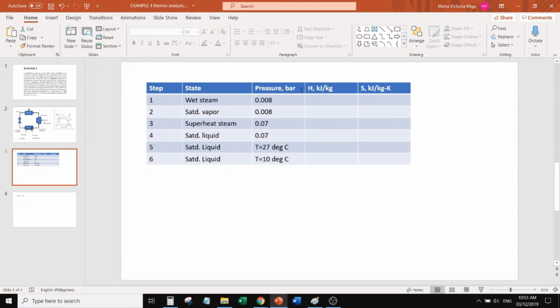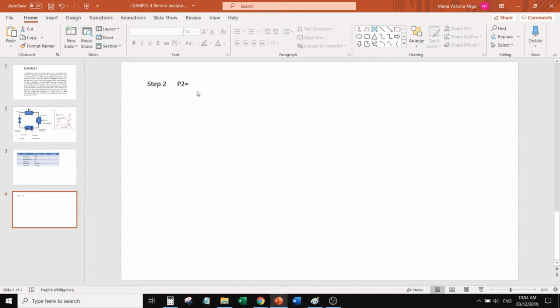So 1 bar is 1 times 10 to the 2 kilopascals. So multiply by 100. So that is 0.8 kilopascals.